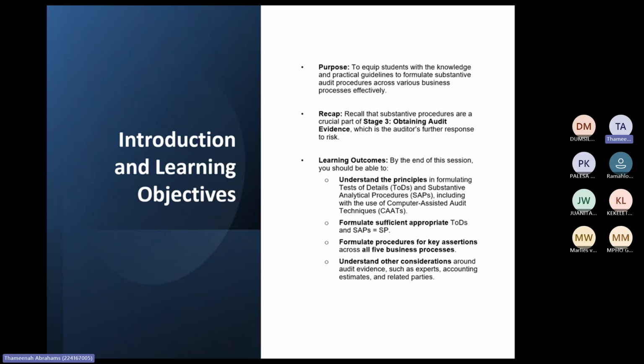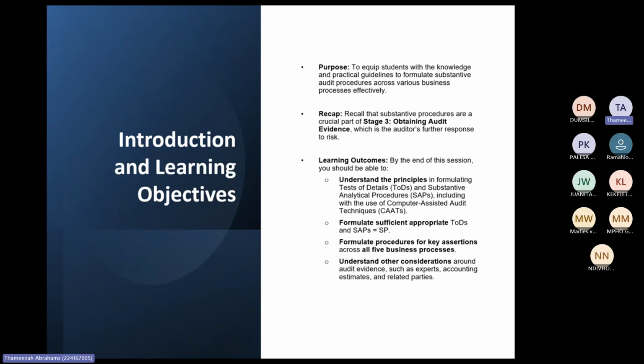And just to recall, on Sunday when I spoke about test of controls, we said that is in stage 3, obtaining audit evidence. So substantive procedures is still within stage 3 of the audit process.